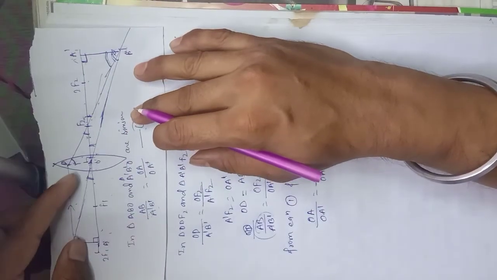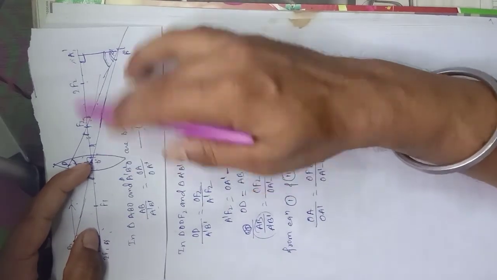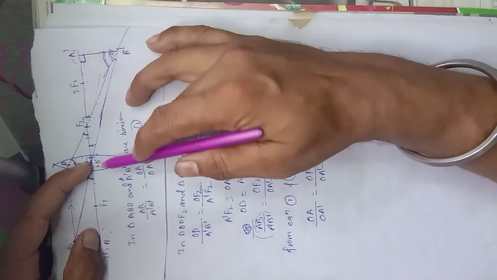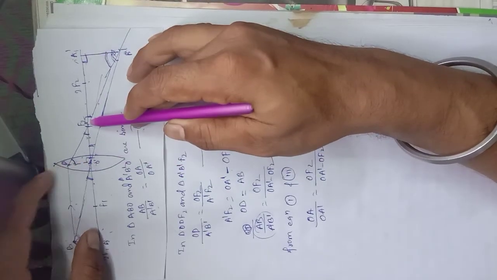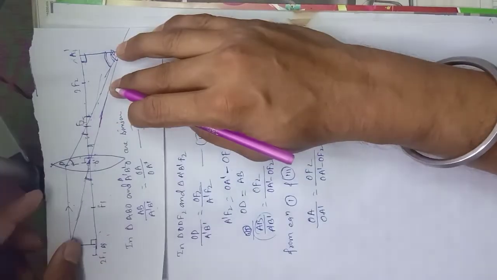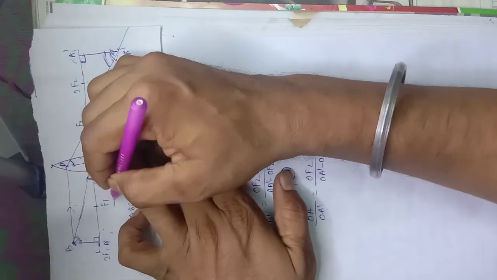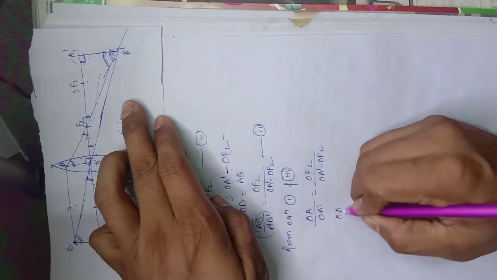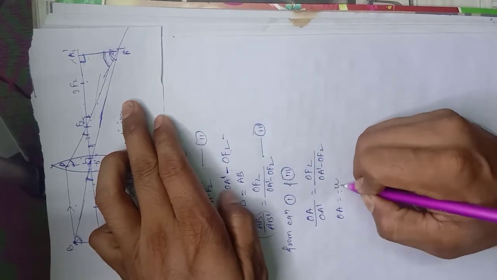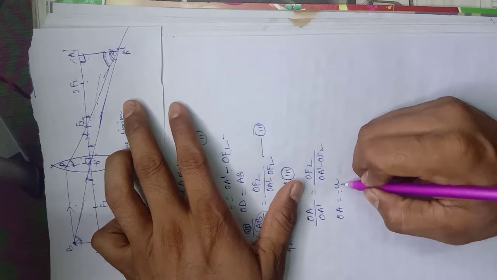So what is OA? OA is the object distance. OA dash is the image distance. OF2 is the focal length. OA we write as object distance u, and it will be negative, because the distance is in the direction opposite to the incident ray.